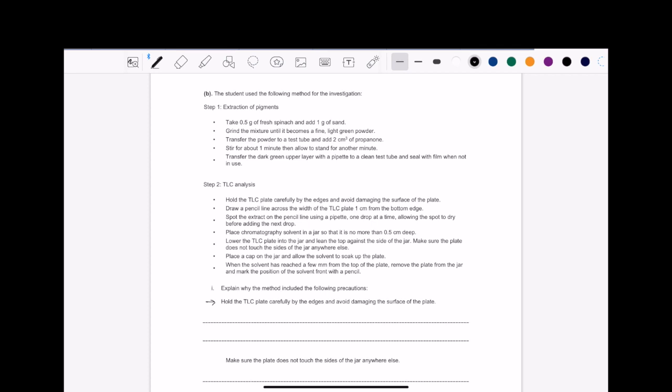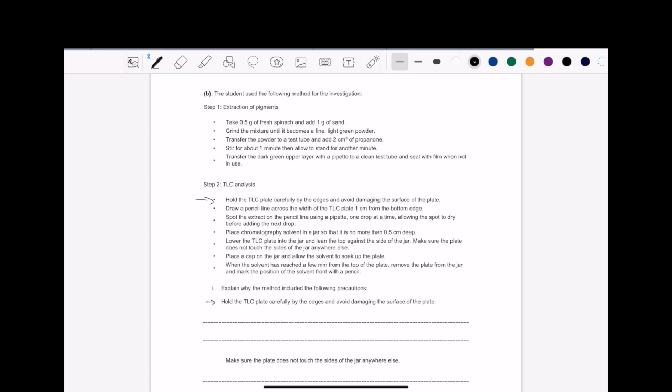So here it says, hold the TLC plate carefully by the edges and avoid damaging the surface of the plate.